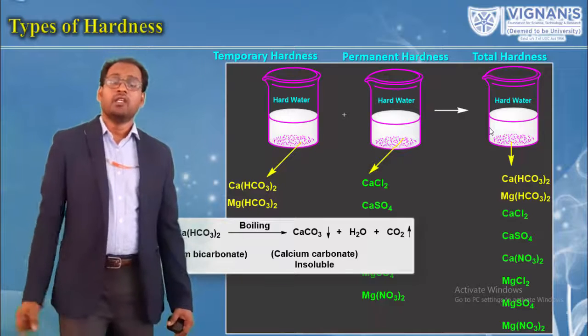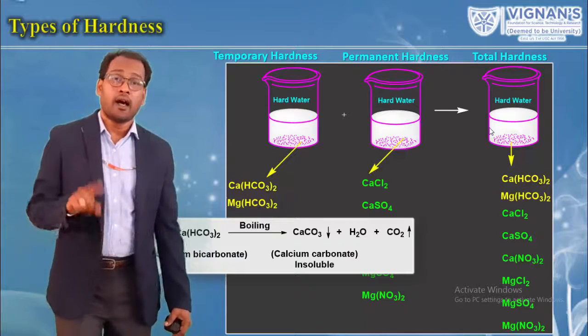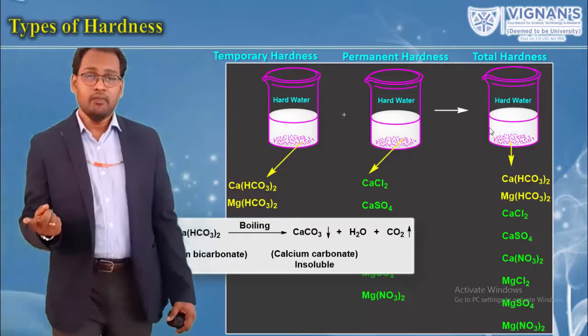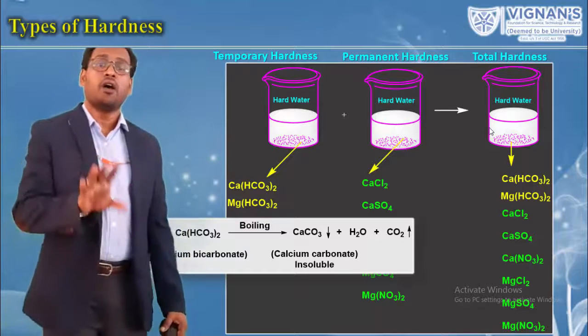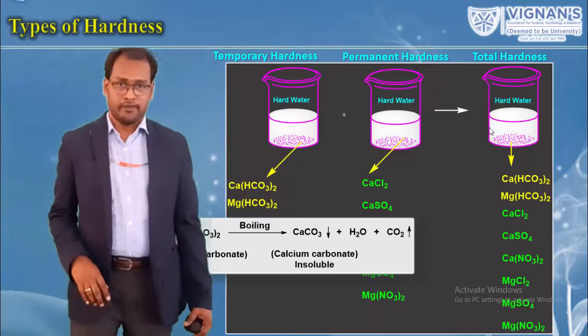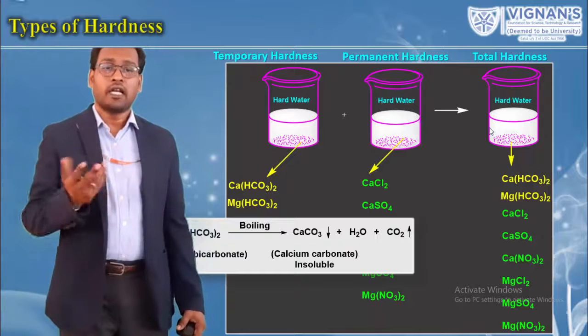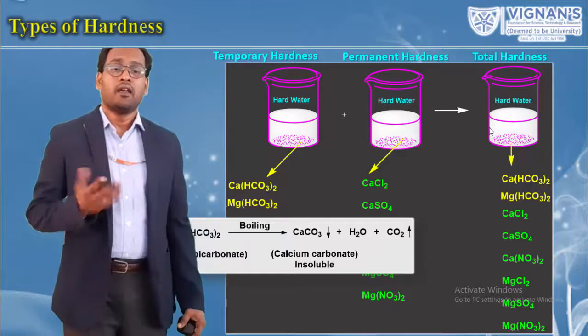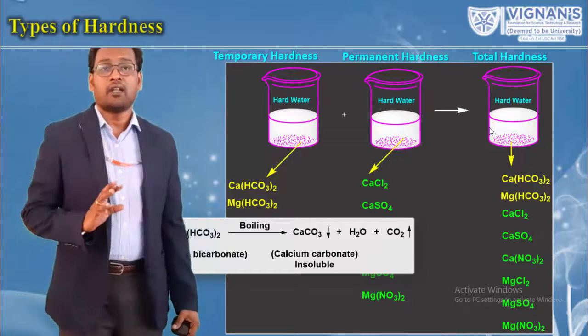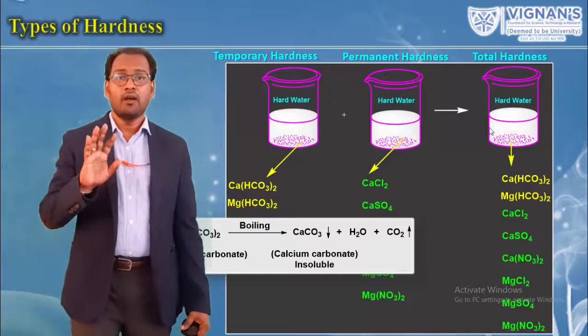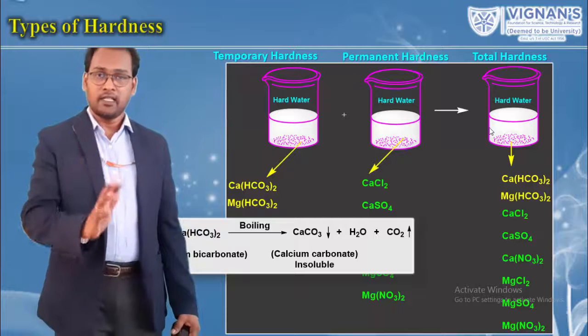Clear? So what is permanent hardness? Hardness caused by salts apart from carbonates and bicarbonates is called permanent hardness. Examples are calcium chloride, calcium sulfate, nitrate, phosphate and silicate. All these cause permanent hardness because they cannot be easily removed and stay in the sample itself.